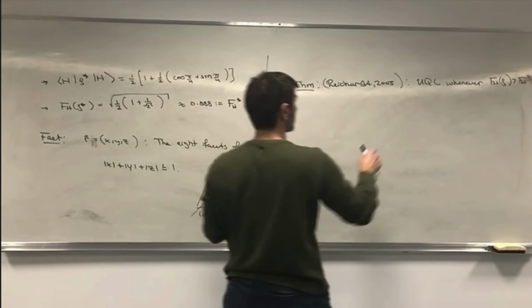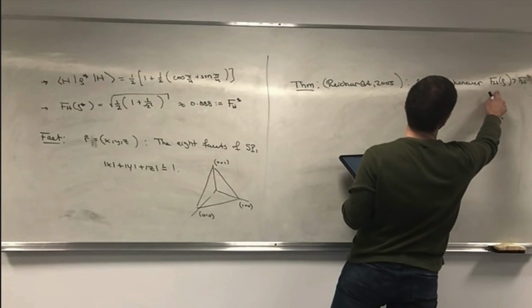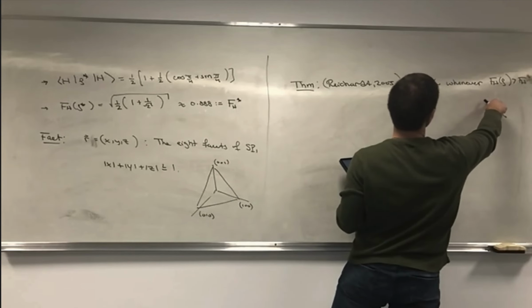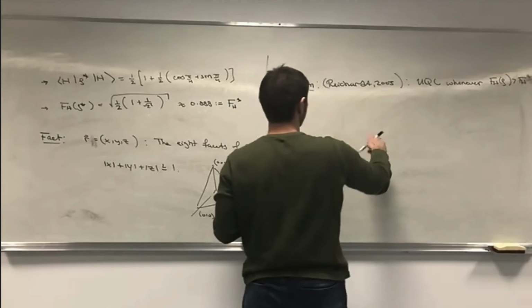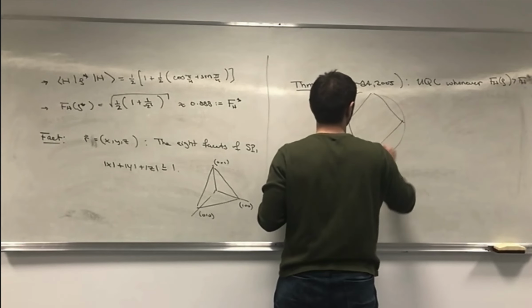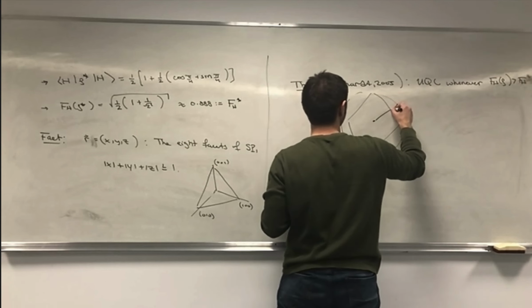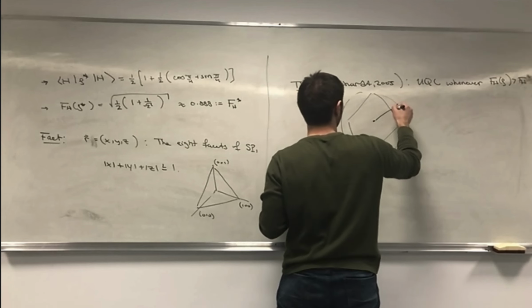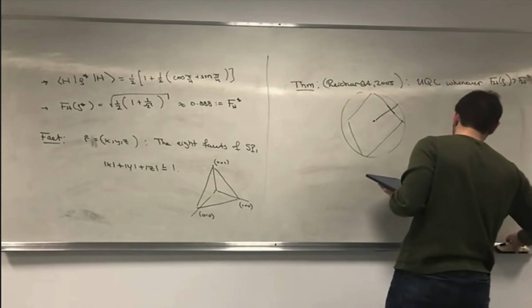So whenever our single qubit input resource has greater fidelity than this, which basically means, in the picture that I just erased, that so long as we have a fidelity greater than the one that we get here, we will be able to have universal quantum computation.